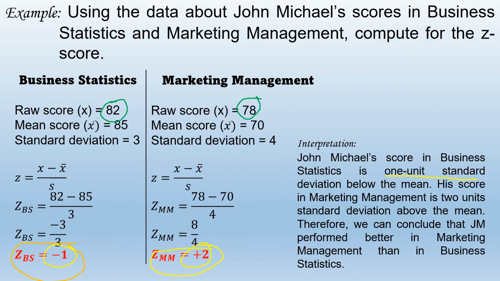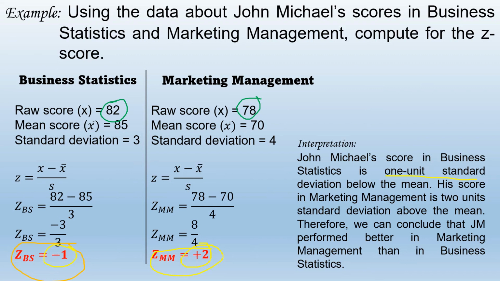Because as you can see here, your Z score has a value of +2, meaning his score is 2 standard deviations above the mean. Therefore, again, I have to emphasize that JM performed better in marketing management than in business statistics. I hope that is clear to everyone.